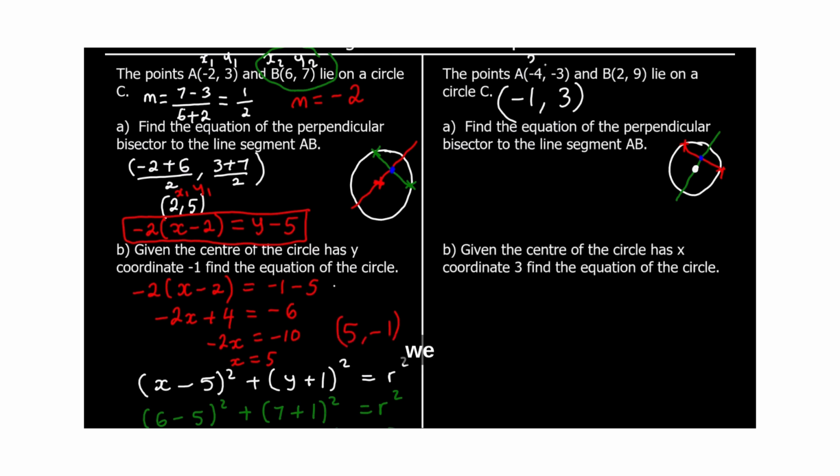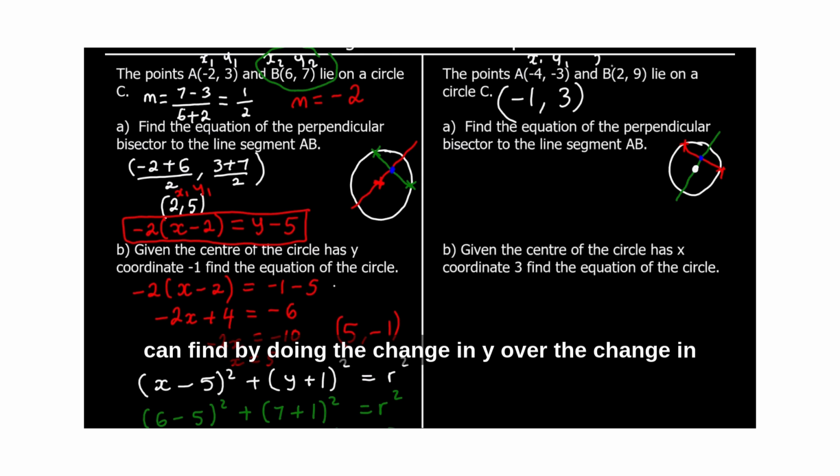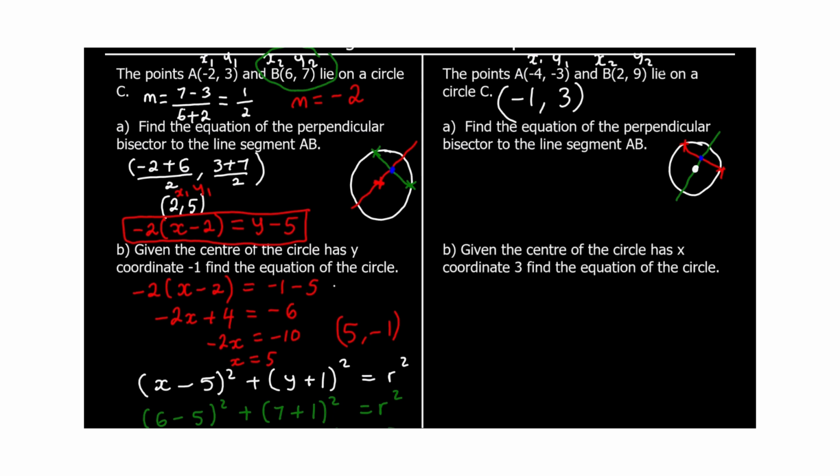The gradient of the chord we can find by doing the change in y over the change in x. So that's 9 take away -3 over 2 take away -4. That's 12 over 6. That's 2. So that's the gradient of the chord.